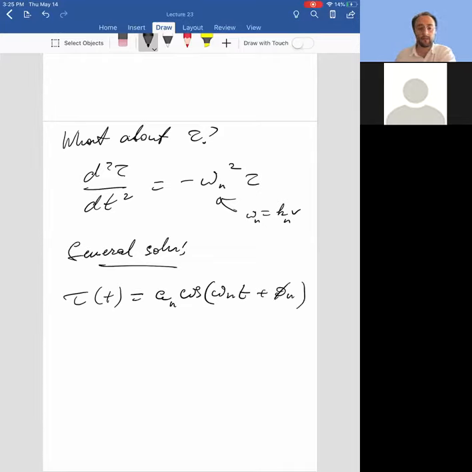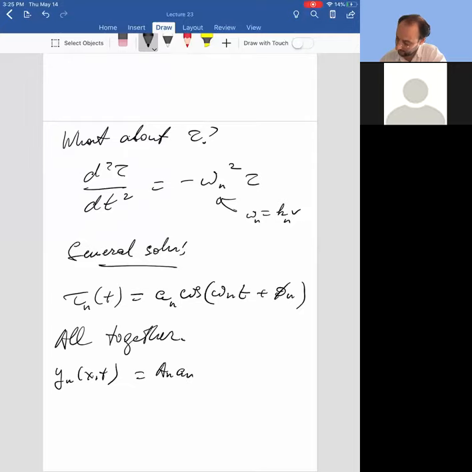And so altogether, the nth solution as a function of space and time is a sub n times sine knx times cosine.